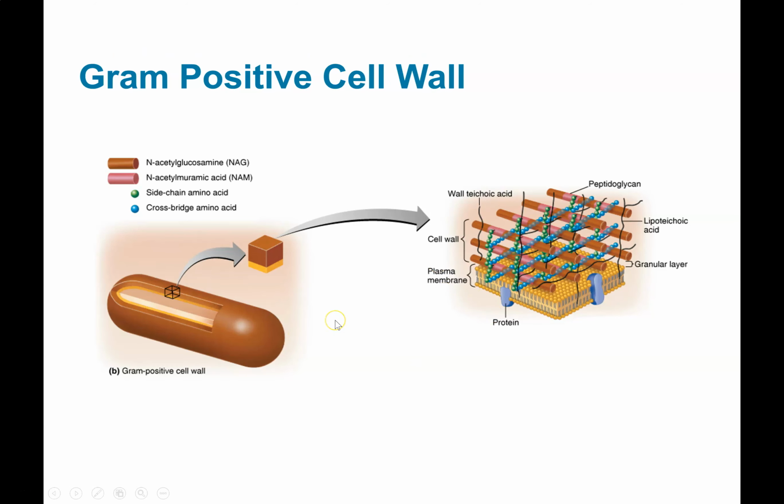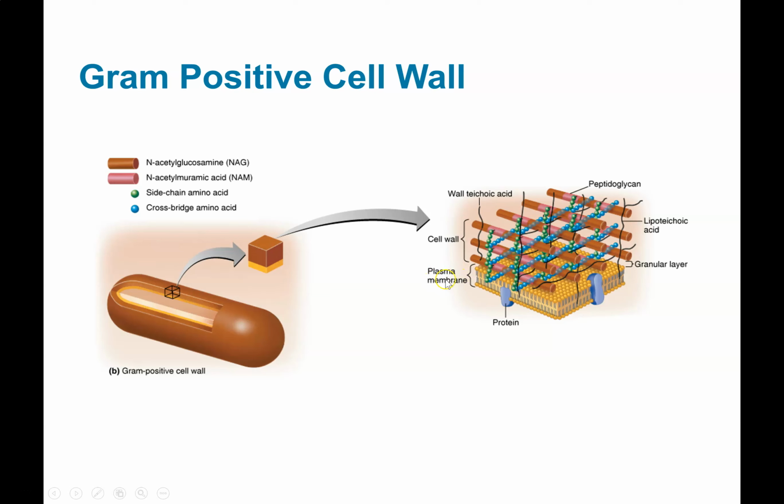So here's a diagram of the gram-positive cell wall. If we just look at a simplified diagram of a gram-positive cell here, and if you were to cut a chunk out of the external surface, you would see that the yellow here is the cell membrane, also called plasma membrane, cytoplasmic membrane.